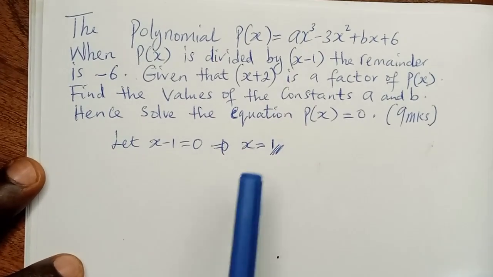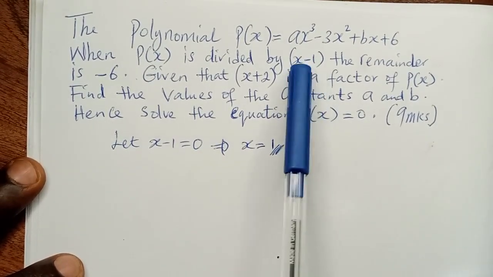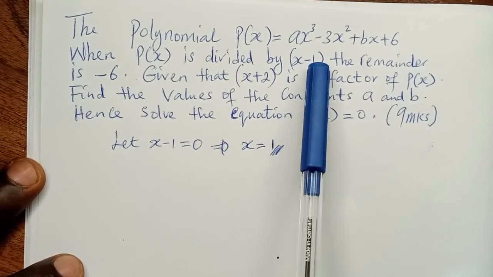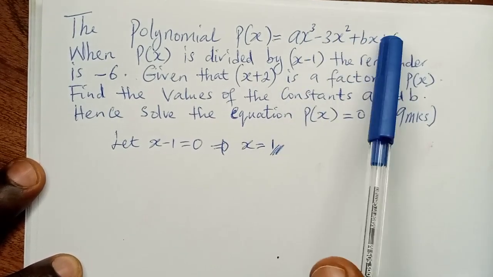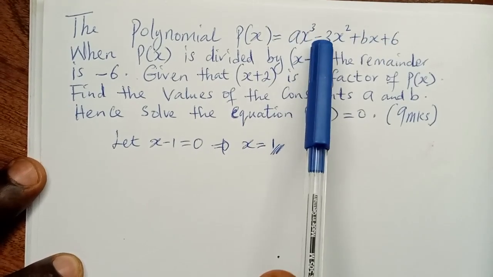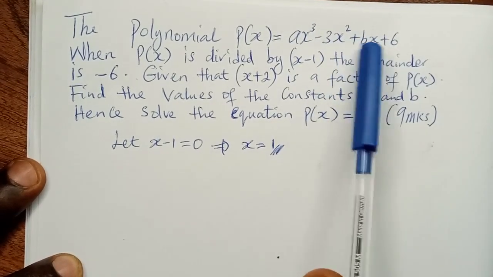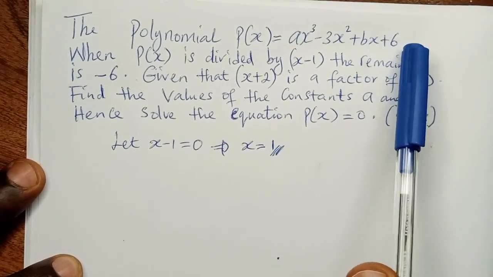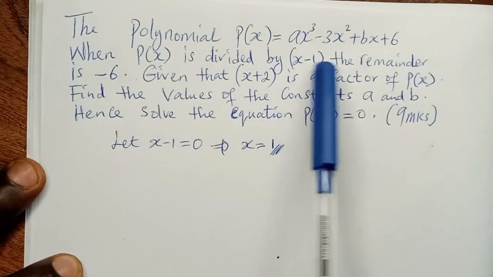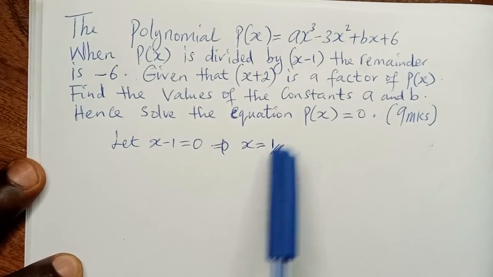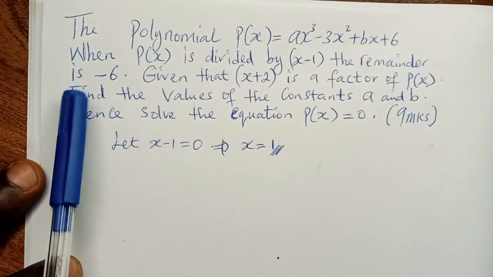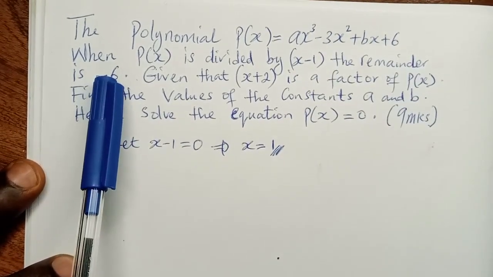If we have x as equal to 1 based on this expression, x minus 1, then we should use this and input it in this expression, ax cubed minus 3x squared plus bx plus 6. And of course, they told us that when we input the value here, let's equate it to minus 6.